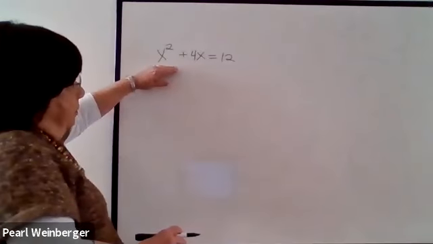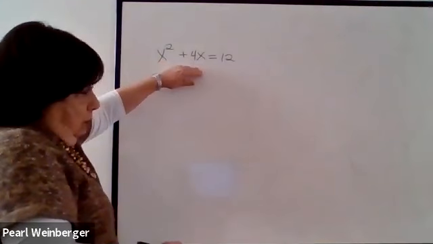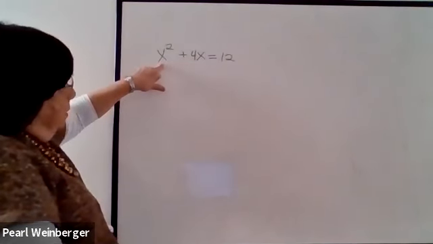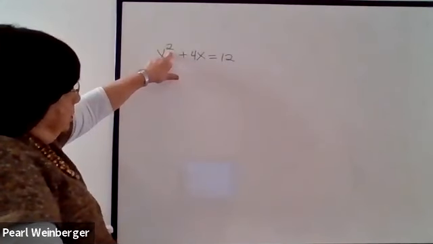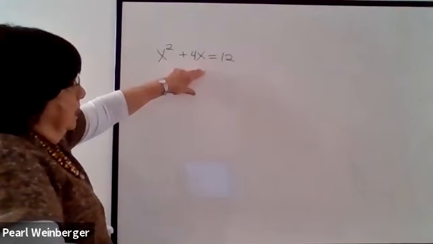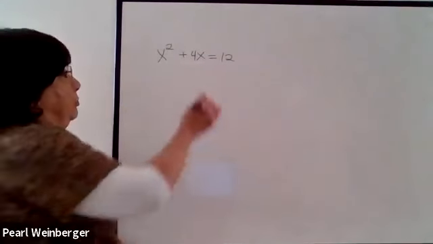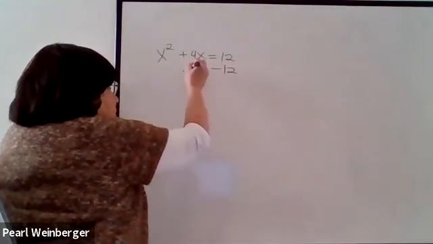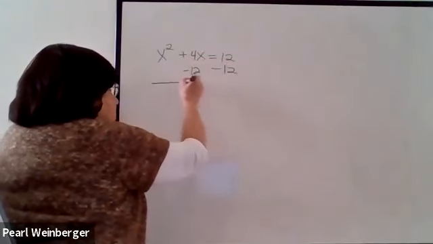The old method that we did previous to this is we saw that we had a quadratic equation because we had an x squared. It's not an incomplete quadratic because there is an x term as well. So therefore I have to get it equal to 0. So I'll subtract 12 from both sides.